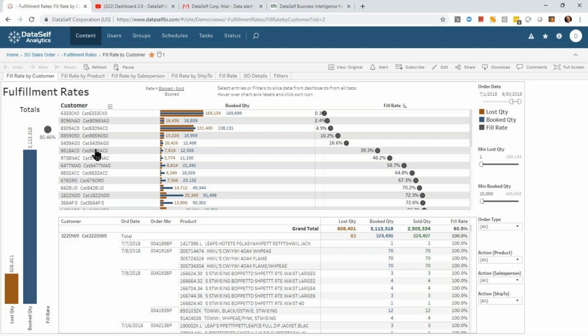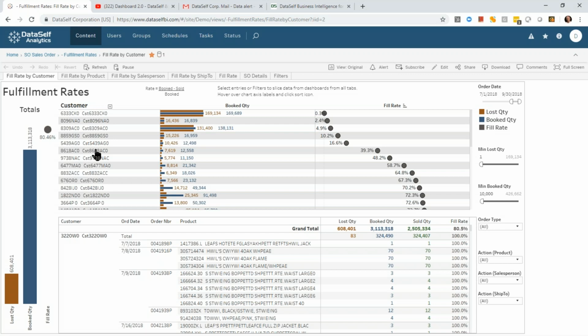Now, the other thing that we have found very, very strongly in our client base is the human problem of salespeople looking at these dashboards to make decisions. Sometimes they just don't go back to the DataSelf portal. They're busy and they don't even know how to log in. They forgot the credentials.